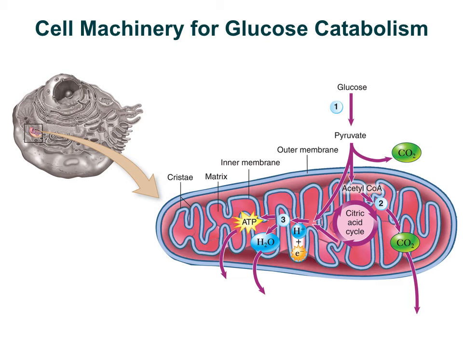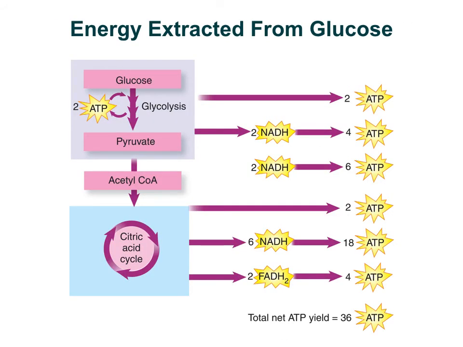The reduced electron carriers NADH and FADH2 that are generated in the citric acid cycle will pass their electrons into the electron transport chain, and through oxidative phosphorylation, they will generate most of the ATP that is produced in cellular respiration. Okay, so let's now look at the energy that was extracted from our single glucose molecule.